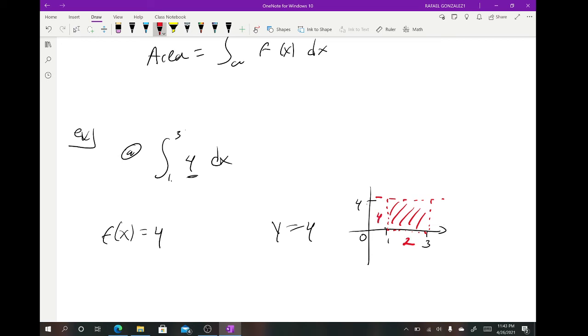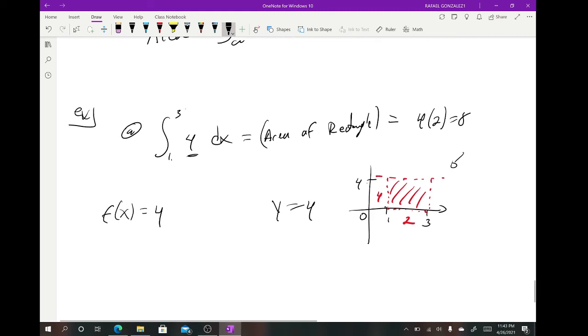So we can compute this area without having to use the definition of the definite integral, because this is just the area of a rectangle, which is base times height. So we just have 4 times 2, which is 8. So this area is 8.